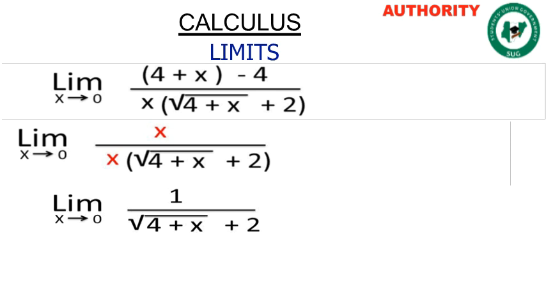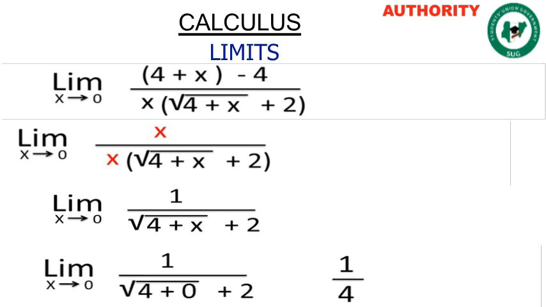Alright, let's insert 0 wherever we see x. That is, we are going to substitute for x now. Now we're going to have lim as x approaches 0, 1 all over square root of 4 plus 0 plus 2. So square root of 4 plus 0 is square root of 4.